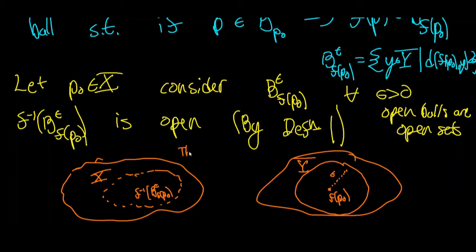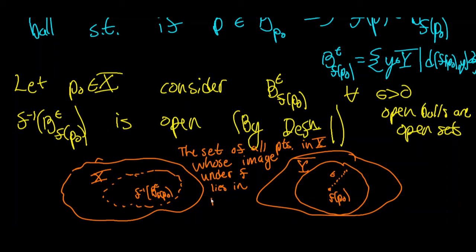It's the set of all points in X, the domain of f, whose image under f lies in the open ball centered at f of p naught and radius epsilon.